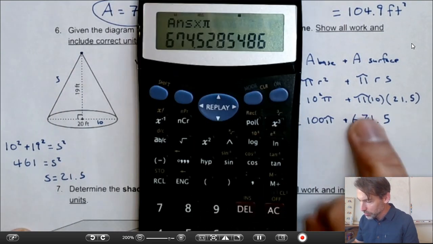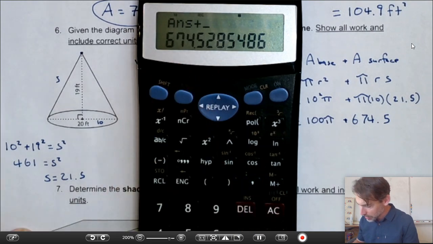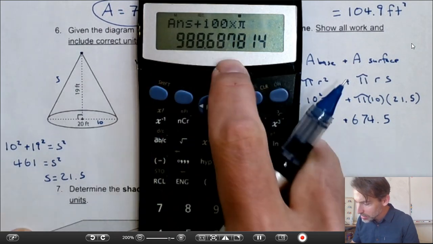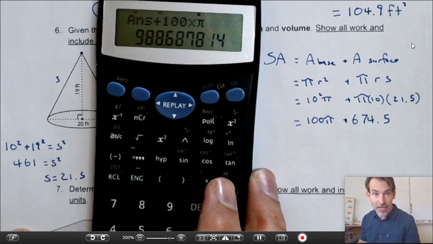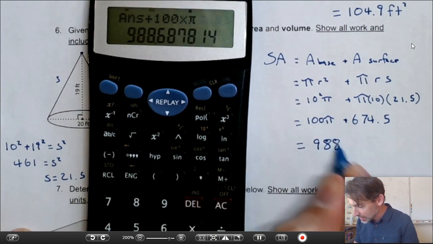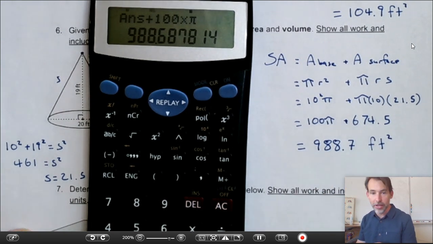See, I'm not going to type that number, and I keep it on my calculator. And I add 100 times pi equals. This is my final answer, and I'll round this. Okay, so this is 988.7. This is equal to 988.7 feet squared, because it's area. That's my final answer.